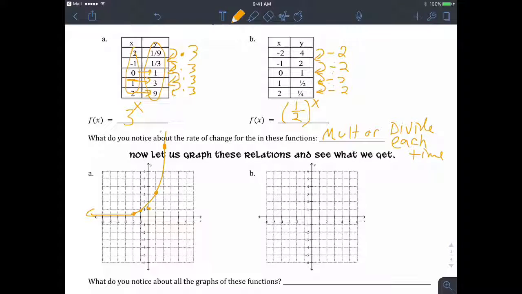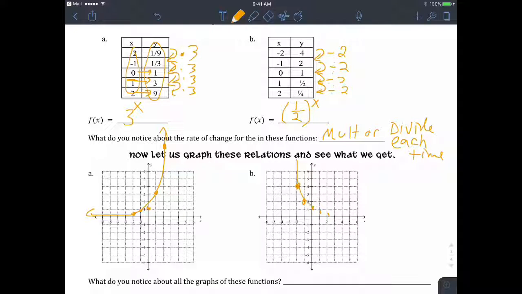Okay? Now I want you guys to graph B and then tell me what you think the graph looks like. Go ahead and do that. Alright, so for graph B, it's going to look just like this. We have -2, 4. We have -1, 2, 0, 1, 1, 1/2, and then 2, 1/4.